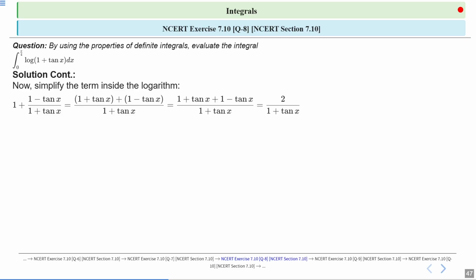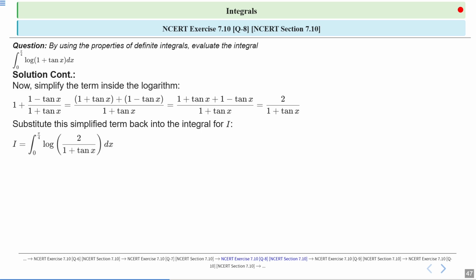So we get (1 + tan x + 1 − tan x) / (1 + tan x). The tan x cancels out. It becomes 1 plus 1, that is 2, so 2 / (1 + tan x). Substitute this simplified term back into the integral for I. So now we get another expression for I, that is I is equal to the integral from 0 to π/4 of log(2 / (1 + tan x)) dx.